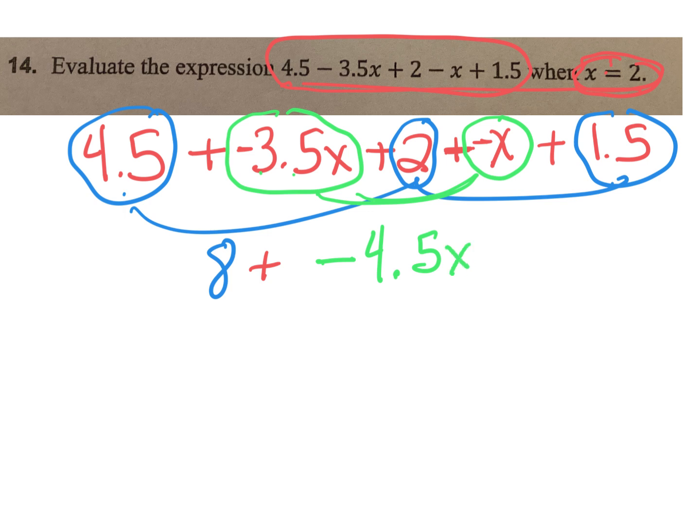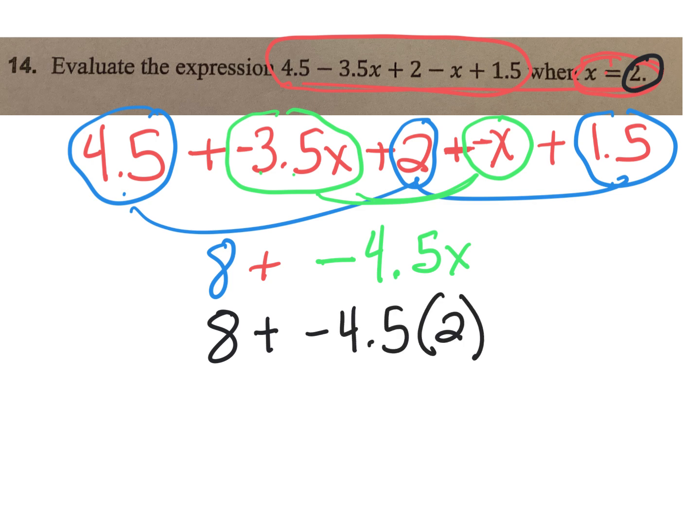Now let's use black. I'm going to replace the x with this 2. So it's 8 plus negative 4.5 times 2, because whenever a number is right next to a variable, it's multiplication. It's already adding.